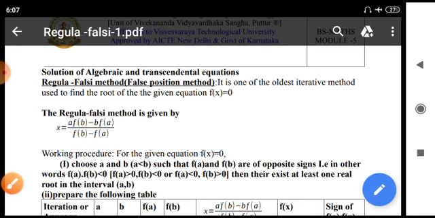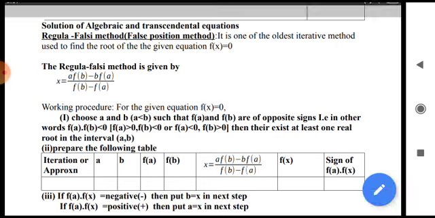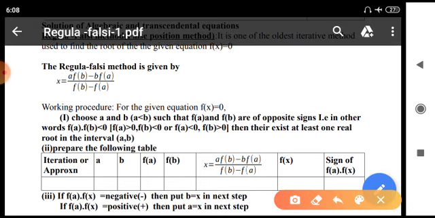Now the working procedure. For the given equation f of x equal to 0, the first step is we have to choose a and b with the condition a is less than b, such that f of a and f of b are of opposite signs. In other words, we have to get the product of f of a into f of b as less than 0.